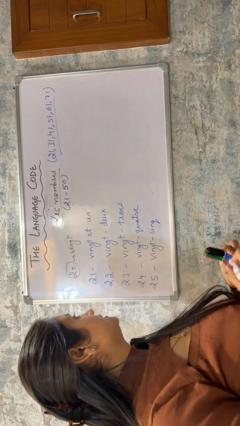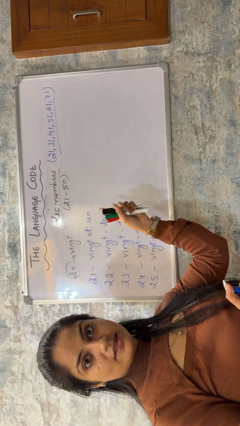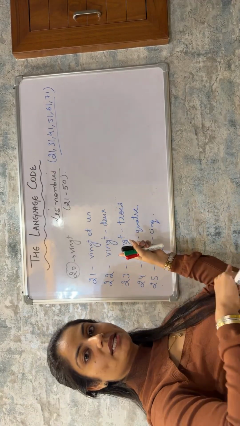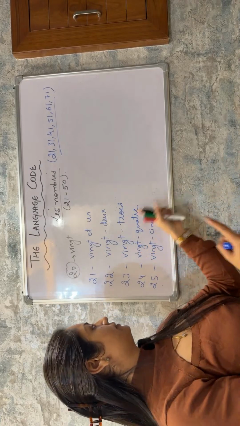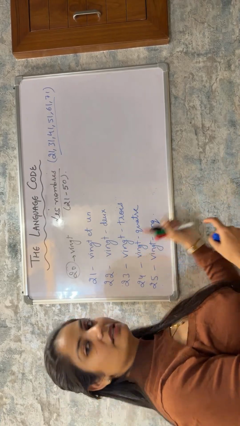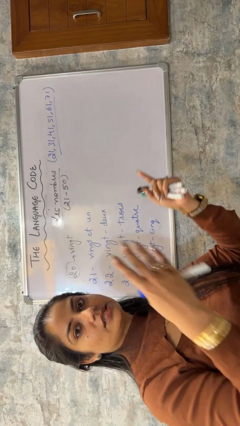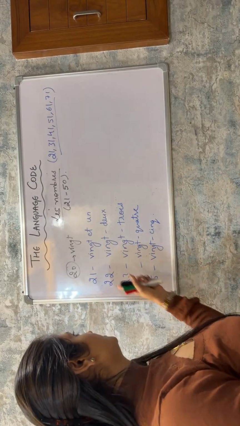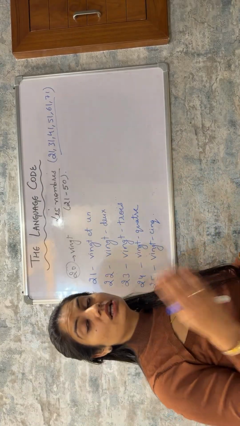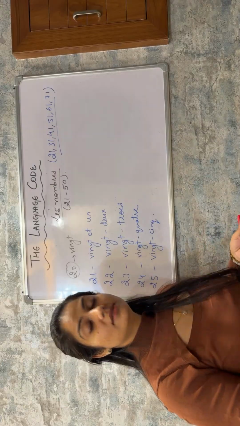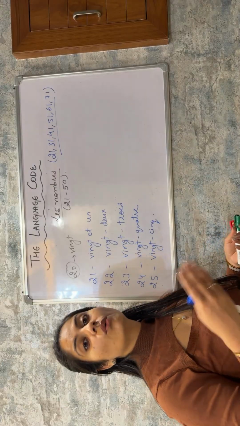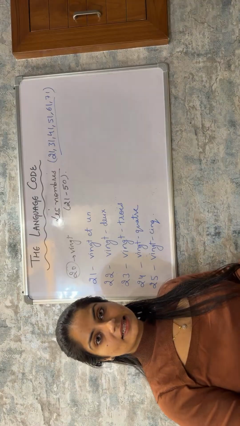Can you see this pattern? 22 is 20 plus 2, 20 plus 3, 20 plus 4, 20 plus 5. Similarly, 26 to 29 will follow the same pattern. So 21 is called vingt et un, 22, 23, 24 et 25.